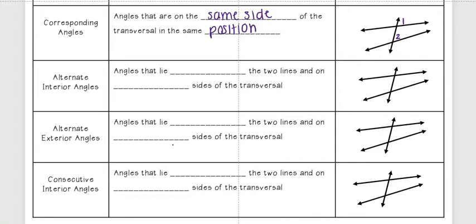So those would be an example of corresponding. And so if I were to continue on, the corresponding angle to this one would be this one. They're in the same position. So for this would be the top left corner. So if I was just looking at these four angles and these four angles, it's the top left corner.